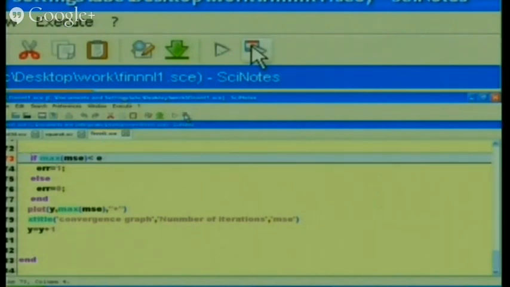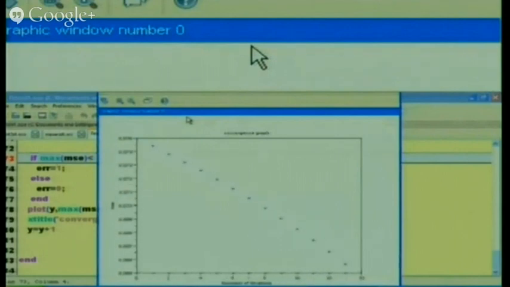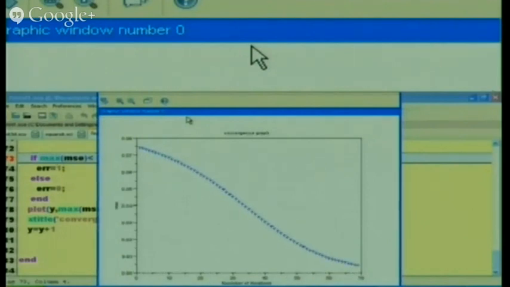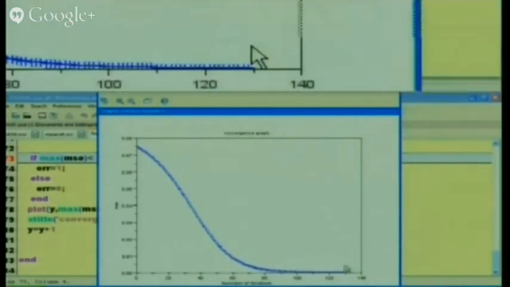For those weights the neural network has learned, and now we are able to get the required results. See, our network is being executed, and this is the MSE we are plotting. You can see the error is going on decreasing. The number of iterations goes up to 130.